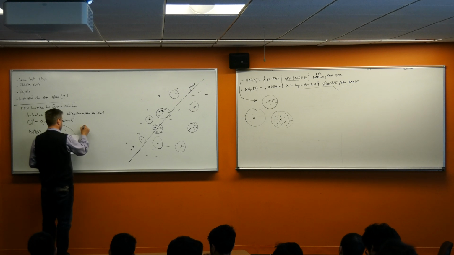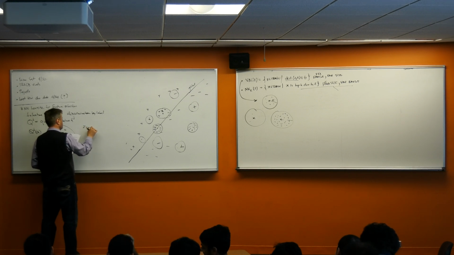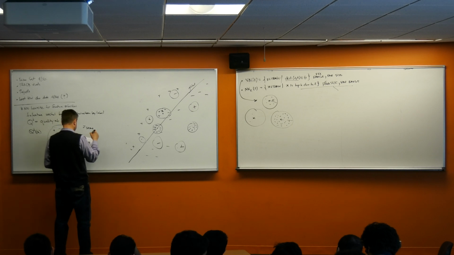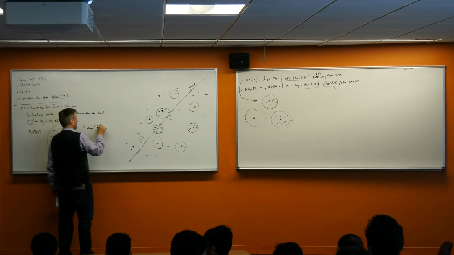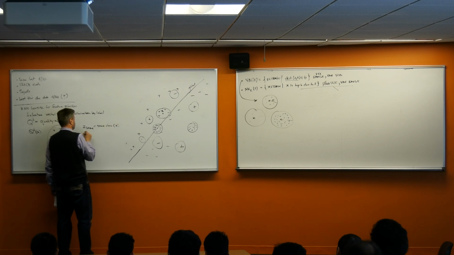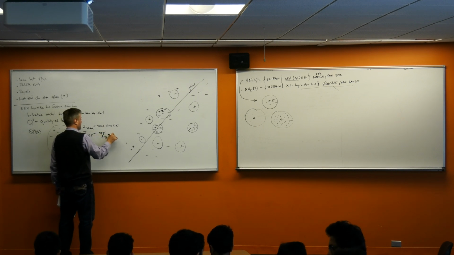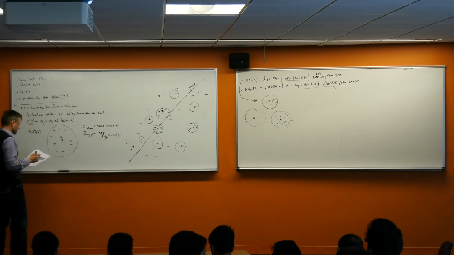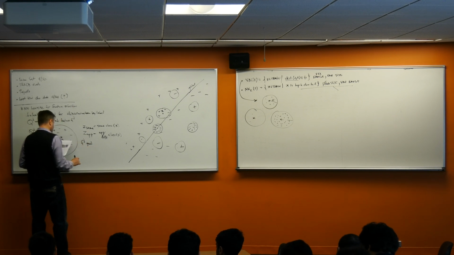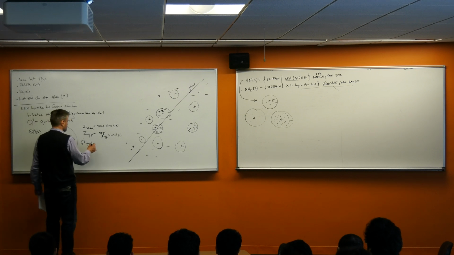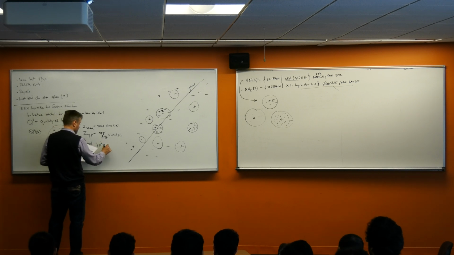So I have Z same, the same class as X, and Z opposite, a different class from X. And for a feature to be good, this value, x_j minus z_same.